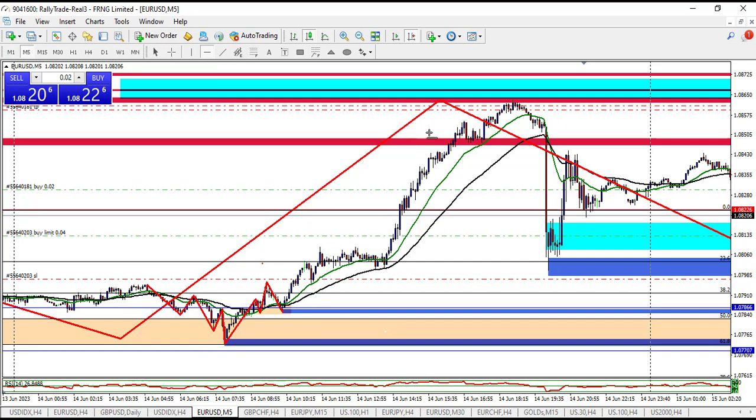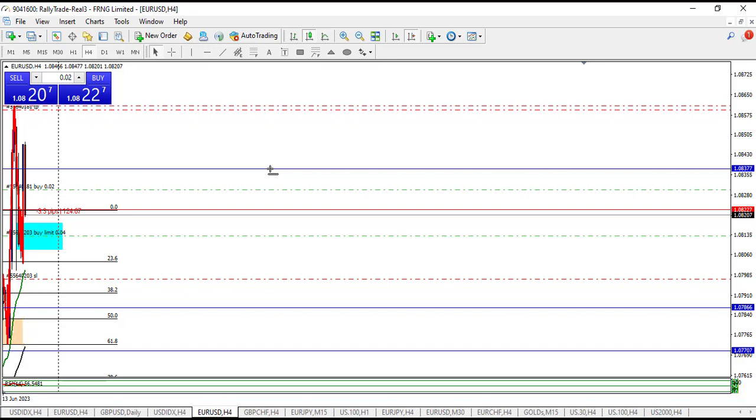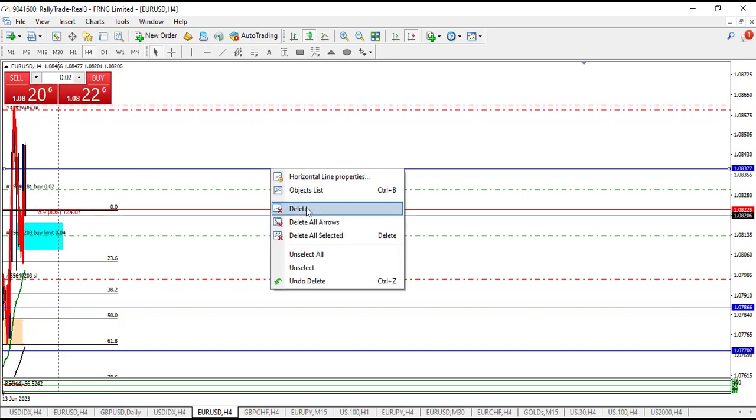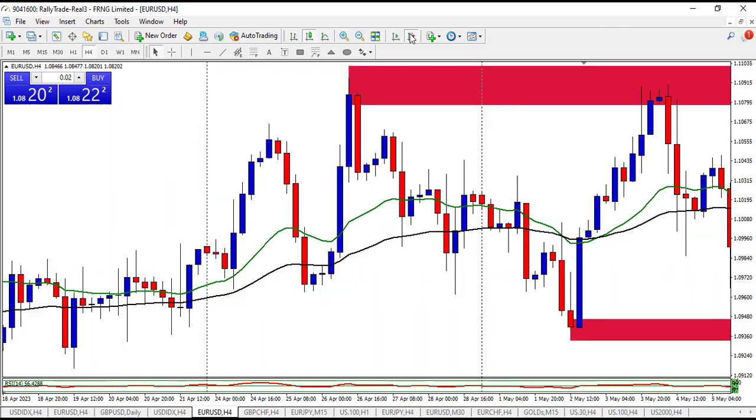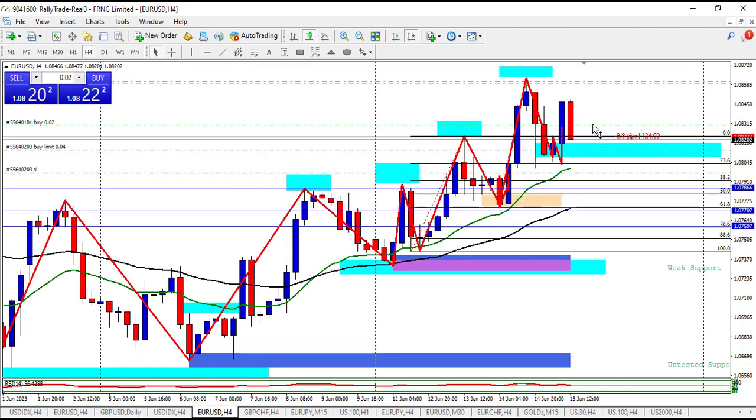Or you can use the take profit of the higher time frame, H4 time frame, our targeted liquidity. You can see that this price later went to that targeted liquidity. Let me go back to the H4 time frame and show you. Now this was the point we were at, right? Where is the targeted liquidity?